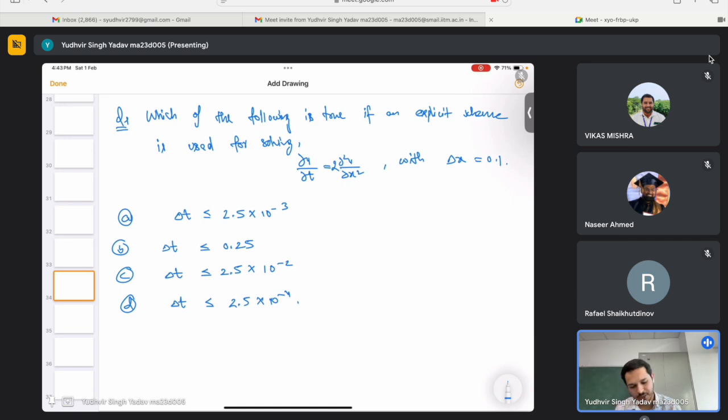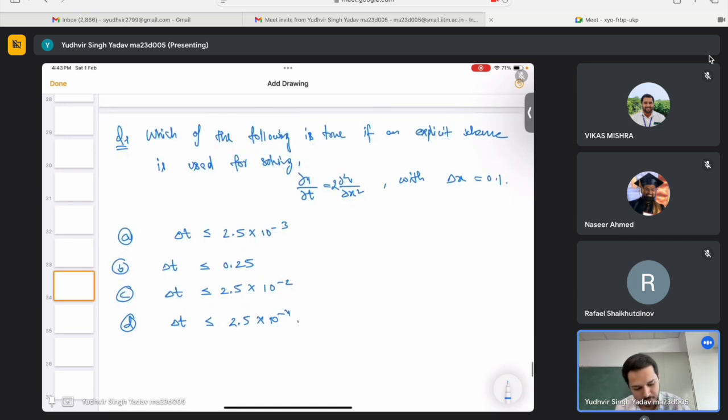You can try this question. In this question, we have a heat equation, and you have to check if we try to solve this using an explicit scheme, then which of the following conditions is true for stability.